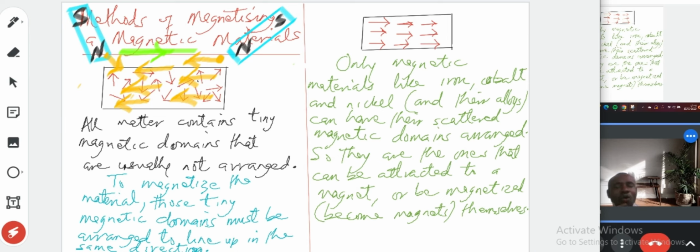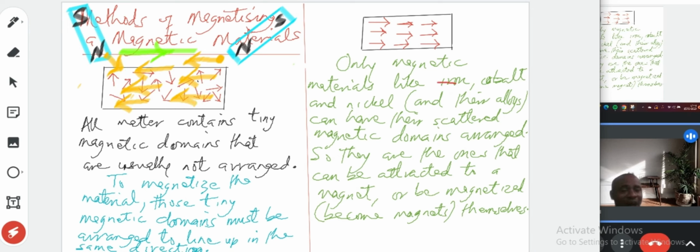So only iron, cobalt, and nickel, of all elements in the universe or in the earth as we know, can have their magnetic domains rearranged. All other ones will not be rearranged.